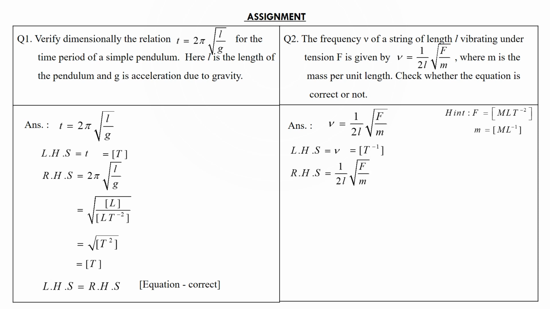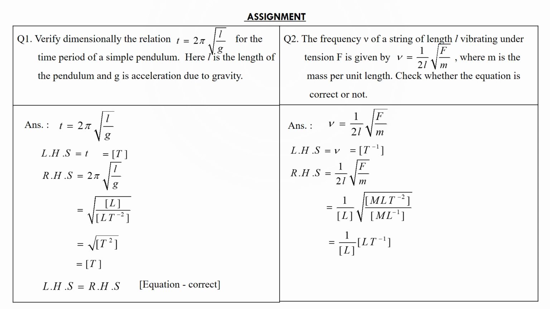LHS frequency T minus 1, RHS is 1 by 2L under root of F by m. 1 is dimensionless, 2 is dimensionless. So L, I have put the dimension under root, then we have force MLT minus 2, and m, as we discussed, ML minus 1. On solving, we get T minus 1, again dimensionally correct.